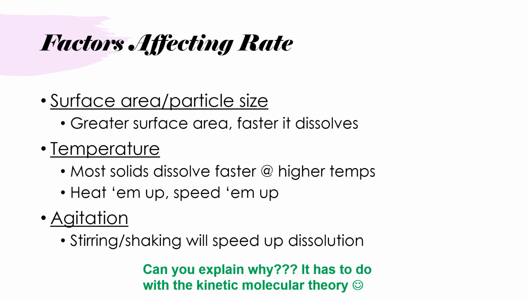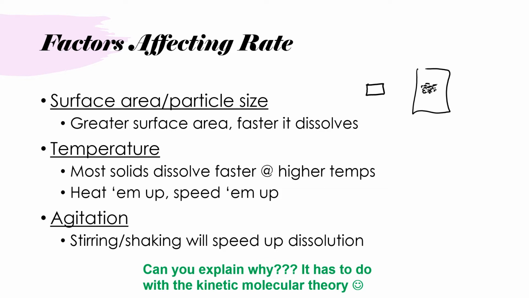We have a cube of sugar versus ground sugar, the sugar that you use from the packets at Starbucks. Which one will dissolve in water faster, the cubed or the ground sugar? As you guessed correctly, the ground sugar. That has a greater surface area than the cubed.